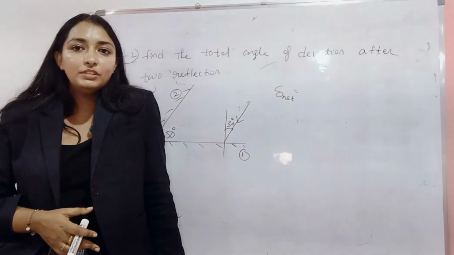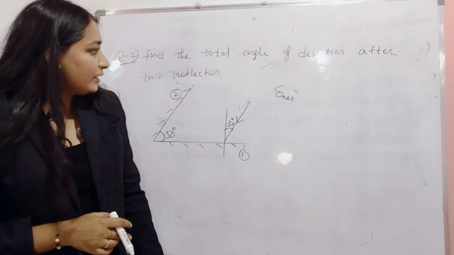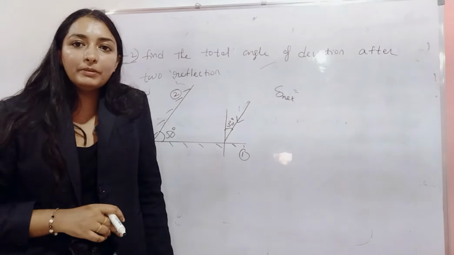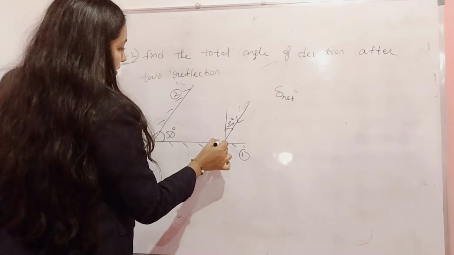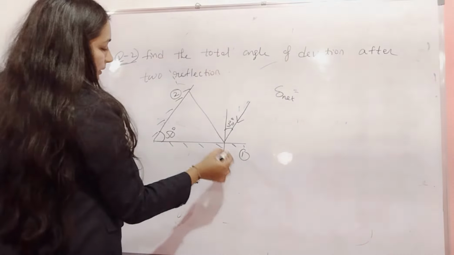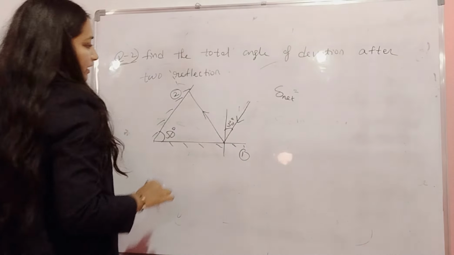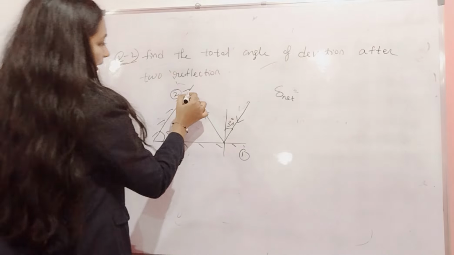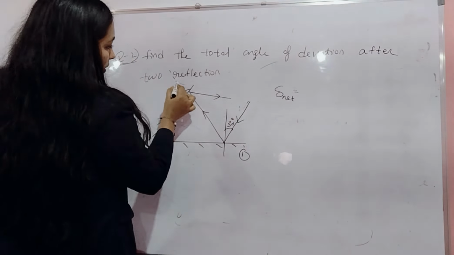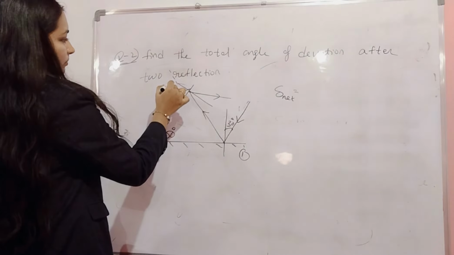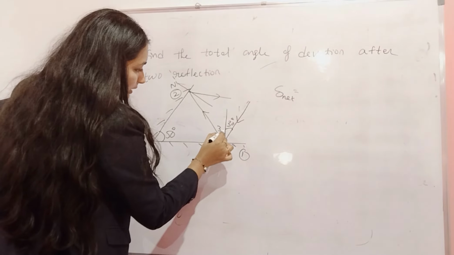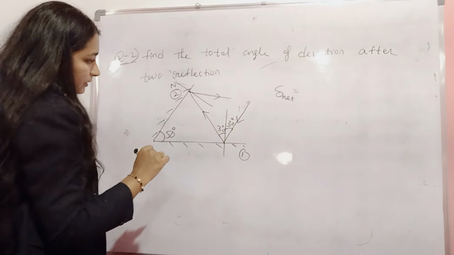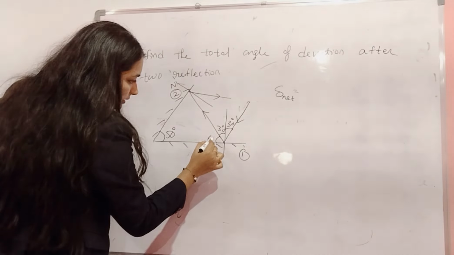So you find out angle of deviation for the first mirror. This is the incident ray for the first mirror, and after falling on the second mirror it is reflected back. Okay, so this is the normal. If it is 30, this is also 30, angle i is equal to angle r. If it is 30, the glancing angle will be 60.